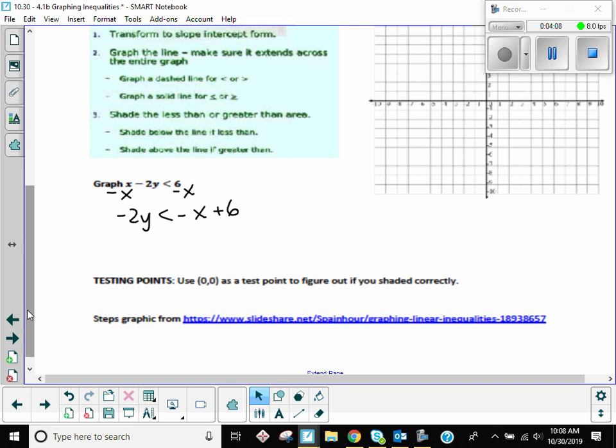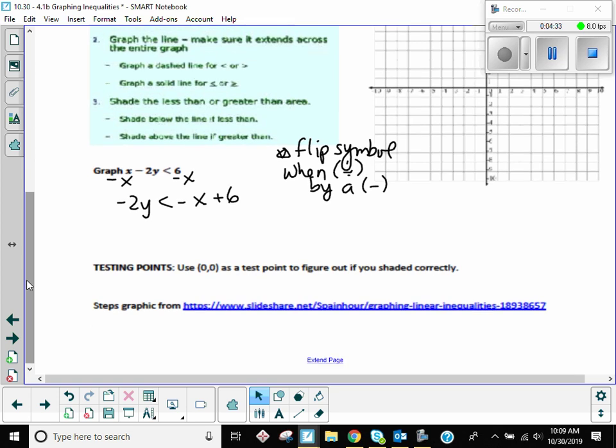But this is inequalities, so you have to flip the symbol when you divide both sides by negative. So make a note to yourself somewhere if you won't remember that. Flip symbol when dividing by negative. Flip this symbol when dividing by a negative.